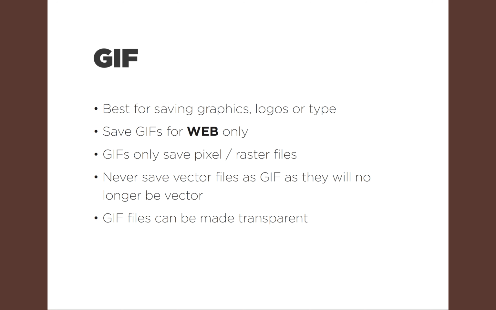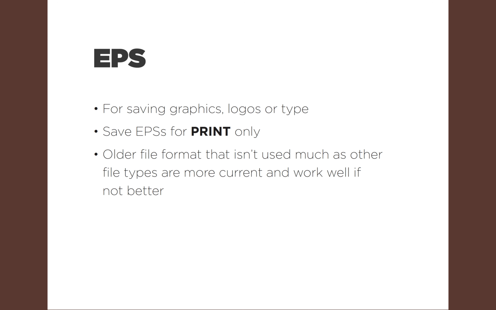So GIFs are something that are going to be the same as PNGs. They're great for graphics and logos, only for the web. They will only be pixel-based. Don't ever save a vector file. Yes, they can be made transparent, and they also limit the colors to a maximum of 256, if not less, just like a PNG. So GIFs and PNGs, not good for images, and definitely not for print.